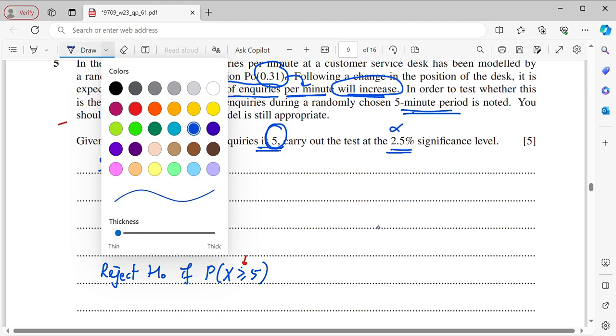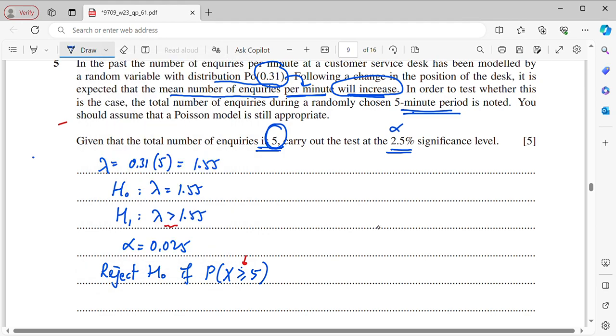But we have to consider the 5 as well. So here it is less than the alpha value. Okay, so now we calculate the probability of X at least 5. At least 5 means it will be 5 onwards. Then I will just use 1 minus all previous probabilities. So it will be 1 minus the probability of X equals 0 until 4.